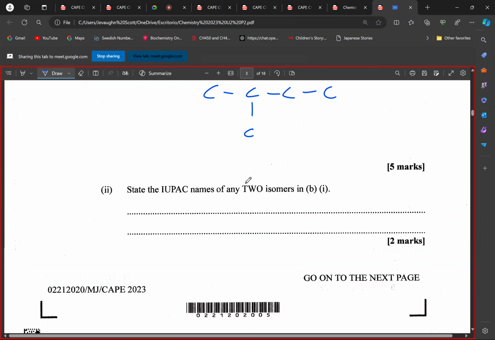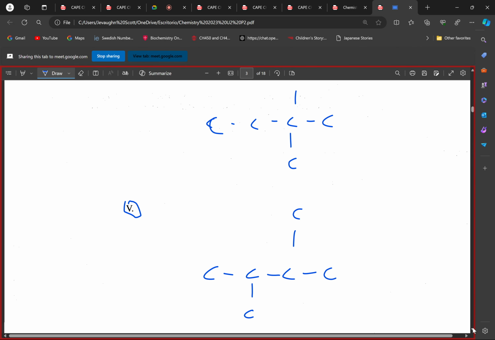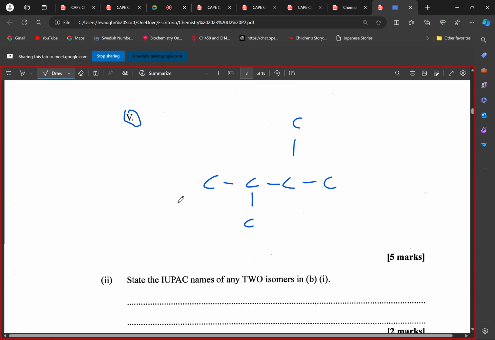State the IUPAC names of 2 of the isomers that you've drawn above. So let's try this one. What's the name of this one right here? What's this?